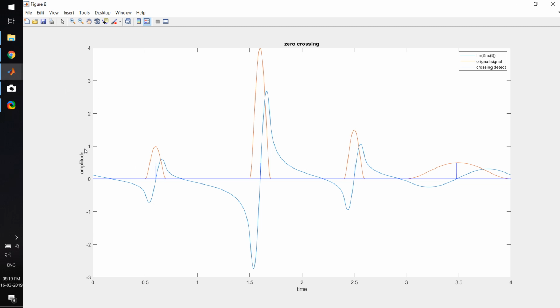So you can see that wherever the Hilbert transform is crossing 0, the zero crossing detector is able to create a spike, thereby indicating the presence of a peak in the signal. However, at the end part you can see that there is a slight shift. Now this is the problem with the Hilbert transform. When two peaks come really close by and one of the peaks is very large, the peak with smaller amplitude does not get detected, as I shall show in the next part of my experiment.